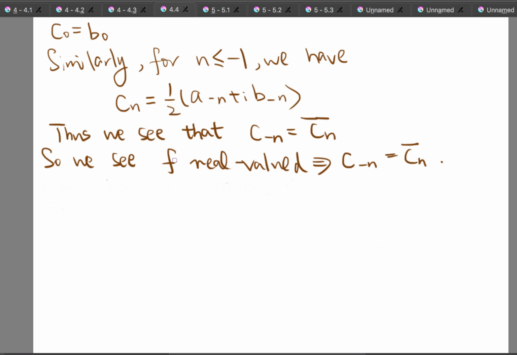And so, we see that if f is a real valued function, then the coefficients in the complex Fourier series satisfy the relation that the coefficient with negative index should be equal to the conjugate of the coefficient with positive index.